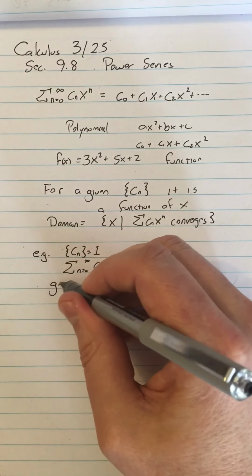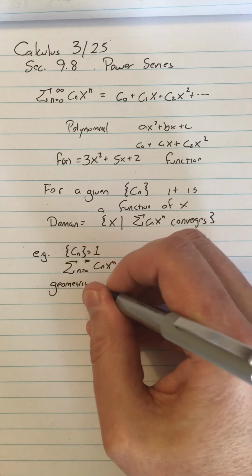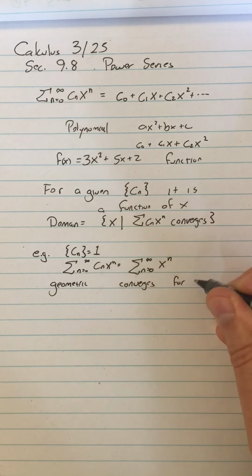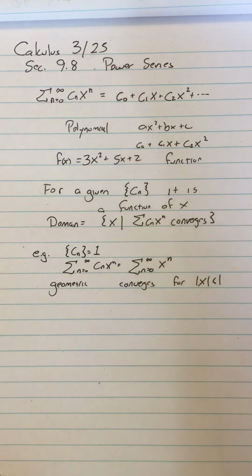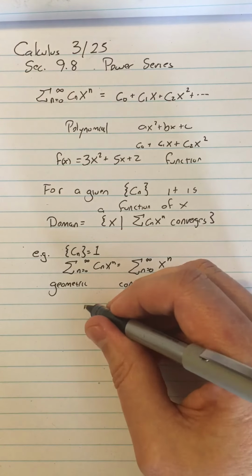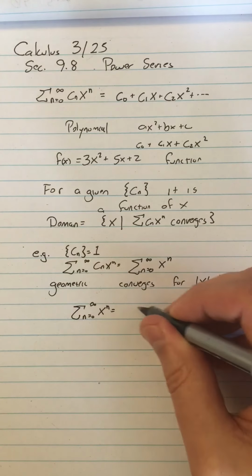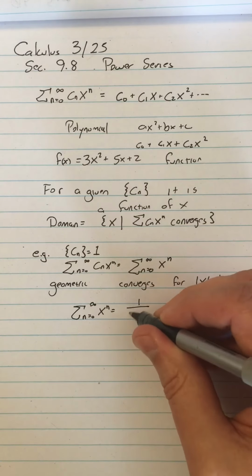So we know that this is geometric, and we know that it converges for absolute value of x less than 1. As long as the absolute value of x is less than 1, it converges. But we know more than that. We also know what the sum is. It's 1 over 1 minus x.